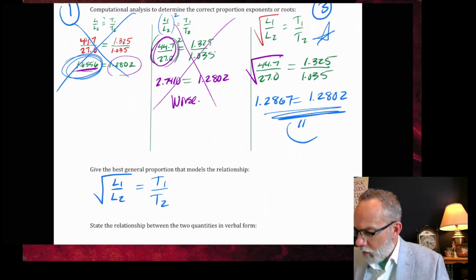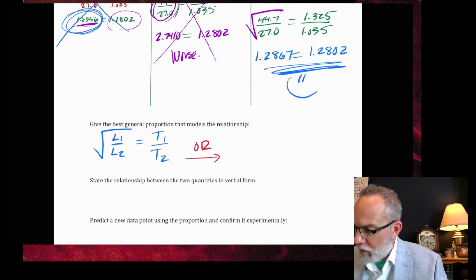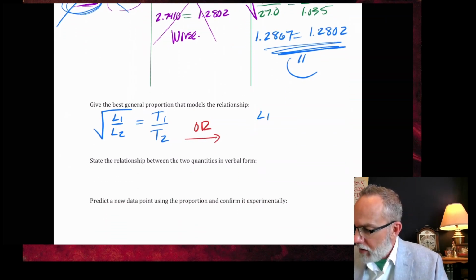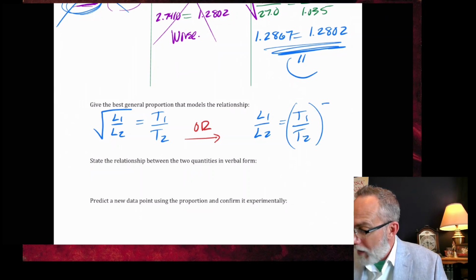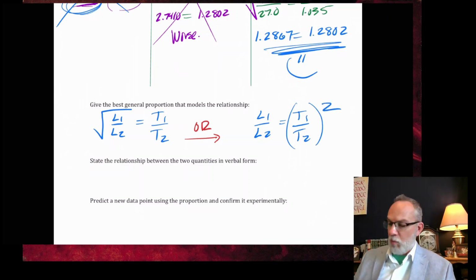But anyway, most people don't like the square root thing. That's a little more awkward for them. So let's do an alternative. Or you could do this one. If I square both sides, I'm going to get L1 compared to L2 is equal to T1 compared to T2, the period, when you square it. That's the one that we're going to do.